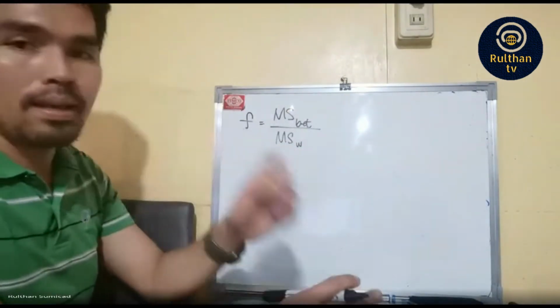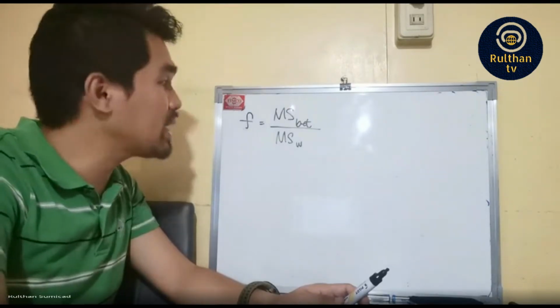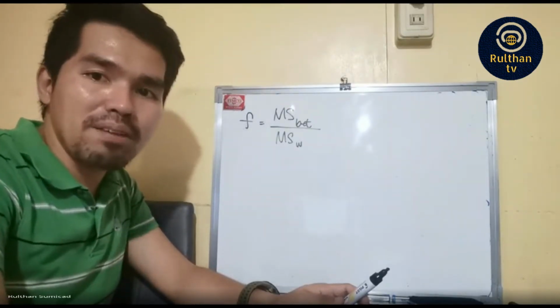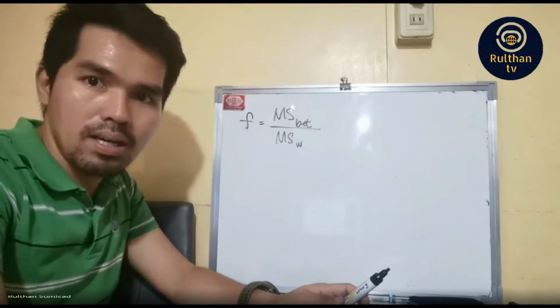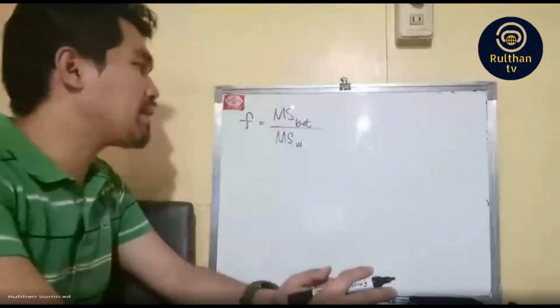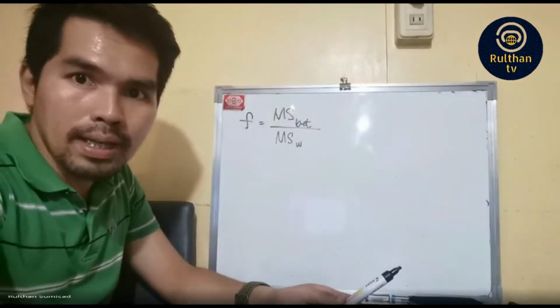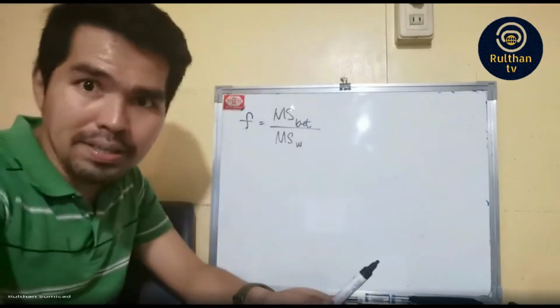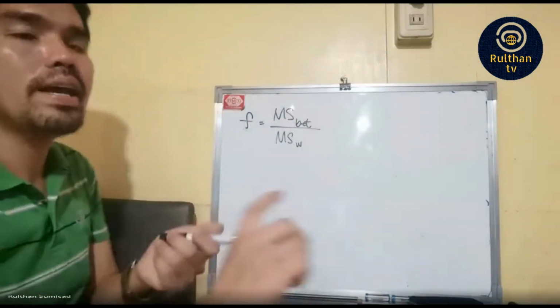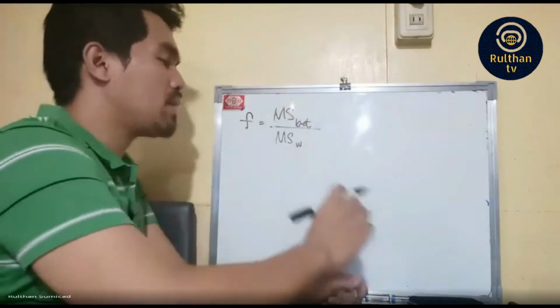But in the event that, for example, our given here is of even sample size, we can simply modify the formula. Okay, we can simplify the formula. Anyway, let's have this one first. Let's start with the MS between.